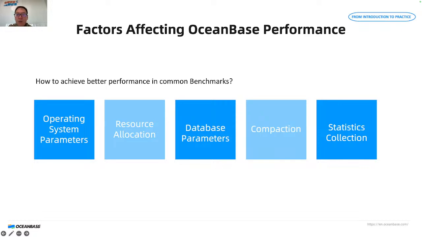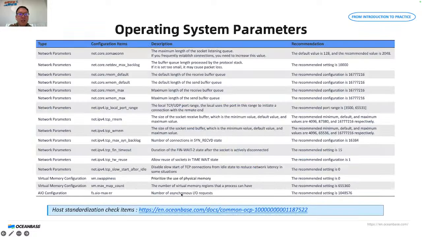Additionally, we can optimize the runtime performance of software by tuning database parameters and performing targeted maintenance operations, like merging and statistical data collection. This approach allows us to further maximize database performance without compromising system stability. Next, we will introduce each in detail.